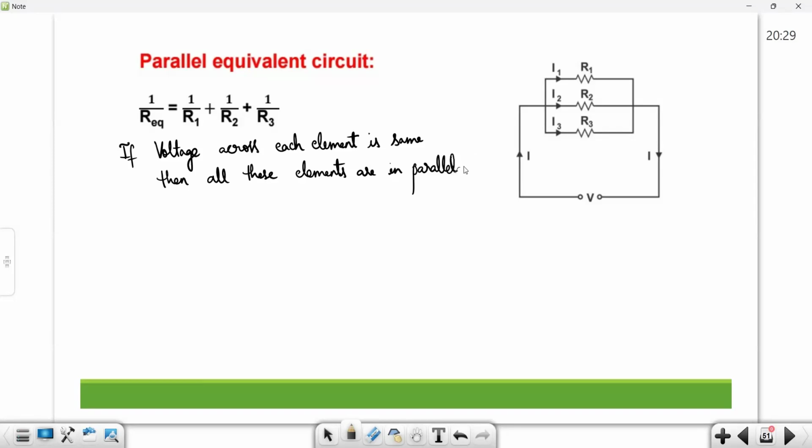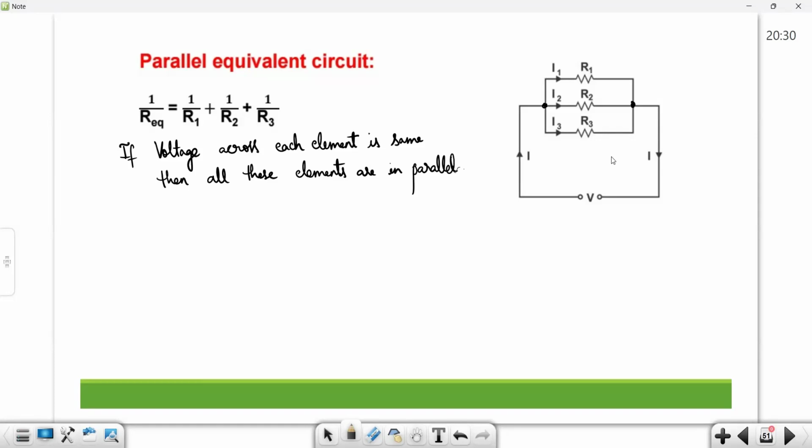Here, if you see, voltage V is at this point. Here no element is there, so whatever node is there, all these are single nodes. This is also. Then the voltage V applied across R1, R2 and R3 is the same. When the voltage is the same across all these elements, then we can tell all three are in parallel.